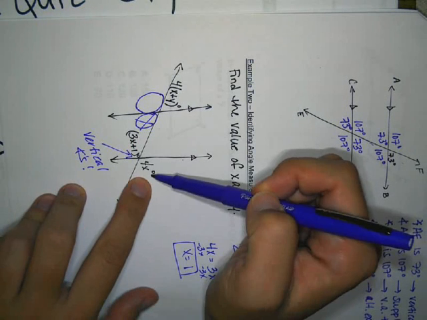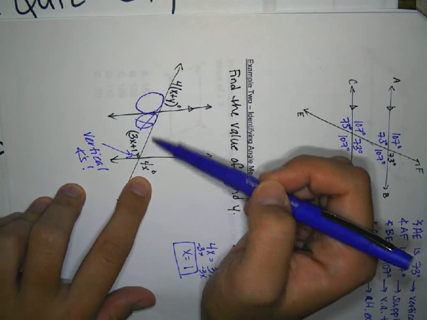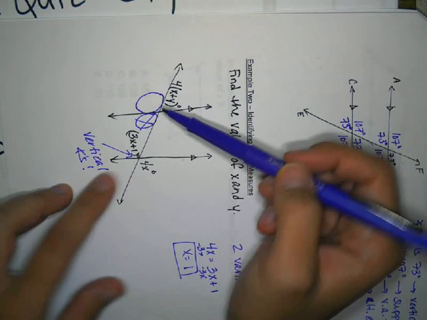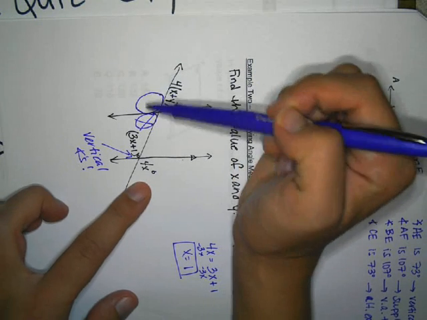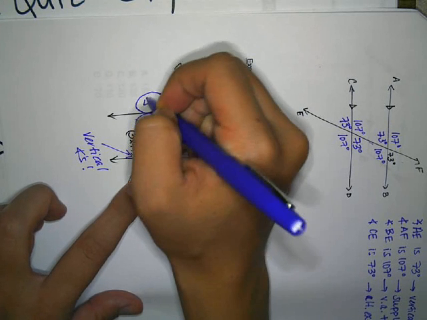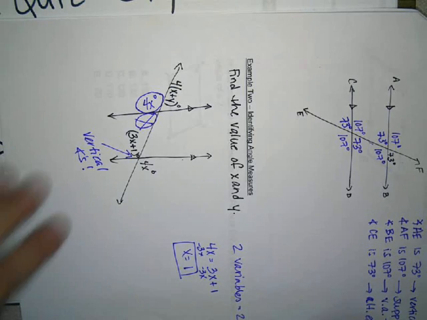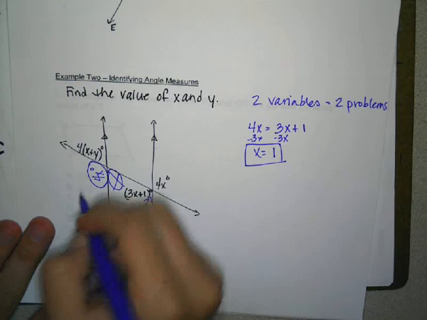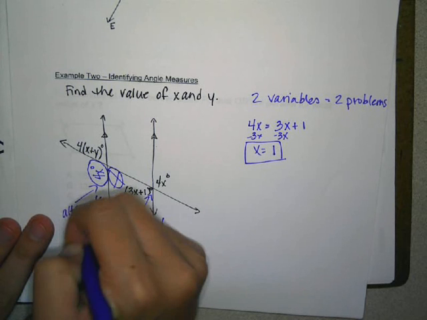But I do have something to match up here because these are alternate exterior angles. They're on the outside of the parallel lines and they're on opposite sides of the transversal. So if this is 4x, then this also has to be 4x degrees. Okay. So I'm going to say alternate exterior.